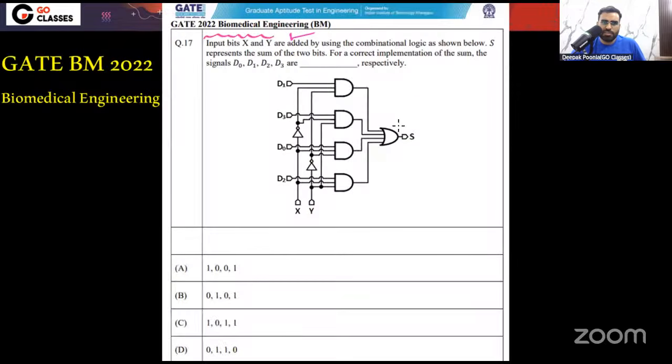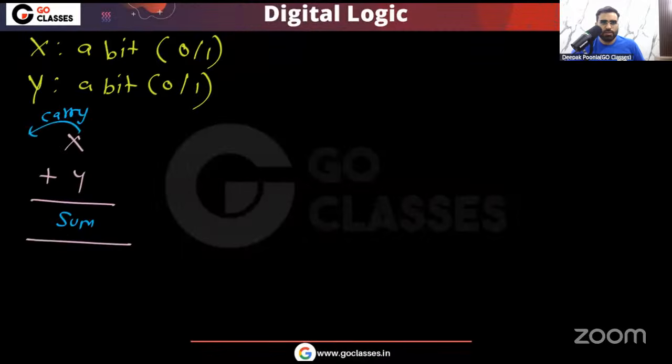And remember the question is only interested in sum, because you can see this S represents the sum of two bits. This is the sum output of X plus Y. First of all, you already know that this is a half adder circuit which will do the addition of two bits, correct? Full adder will do the addition of three bits and half adder will do the addition of two bits.